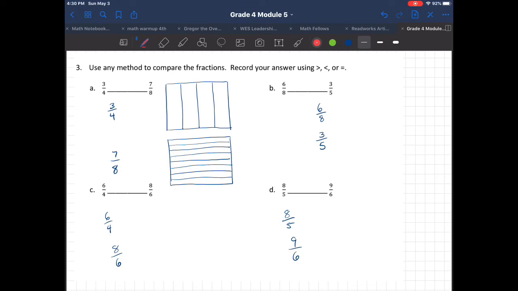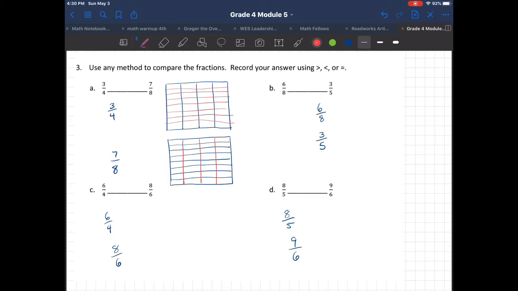So I did draw the picture for one of them at least. So of course we would have to make this one be 8ths the other way. Let's see, that makes 4ths. And that would make 8ths. And this one we need to make 4ths the other way.